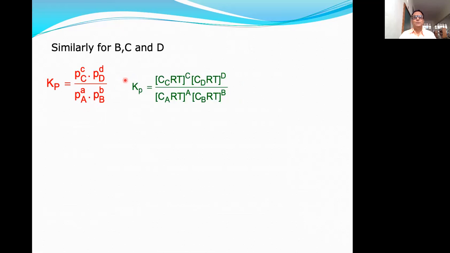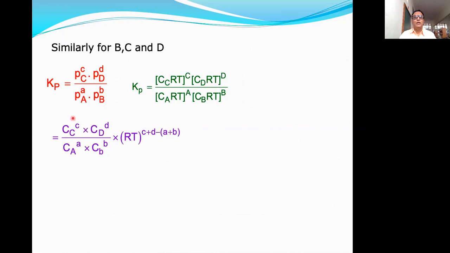So by substituting the values of Pa, Pb, Pc and Pd, we can finally write Kp is equal to concentration of C into RT raised to c, concentration of D into RT raised to d, divided by concentration of A into RT raised to a into concentration of B into RT raised to b.